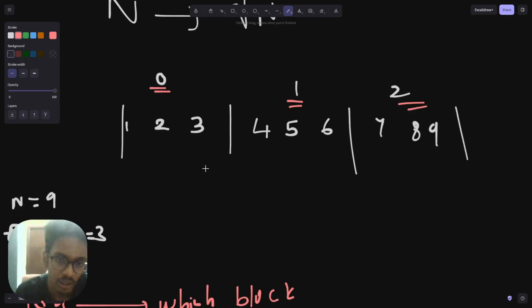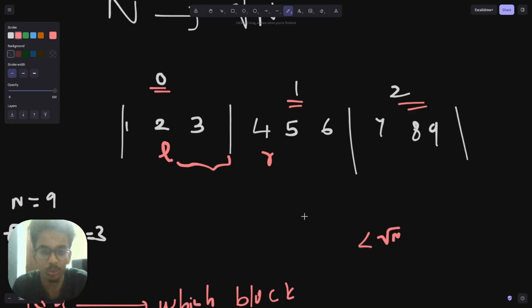So I would say, if it's a partial block, if L is still here and R is somewhere till here, can I always ensure that the size of this part would be close to root n, or even less than root n?